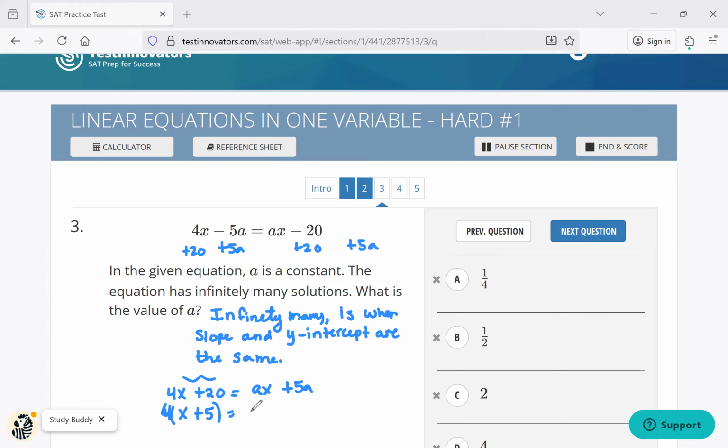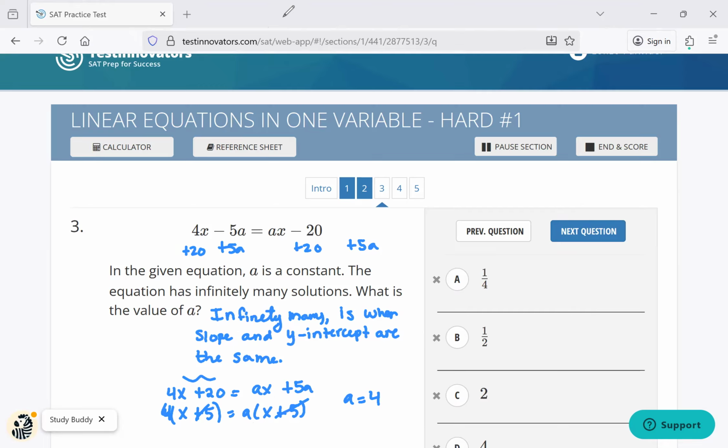And then over here, it looks like I could factor out an a, so this would be x plus 5. See how the x plus 5 are the same? So you can ignore it. So that means our a value must equal 4.